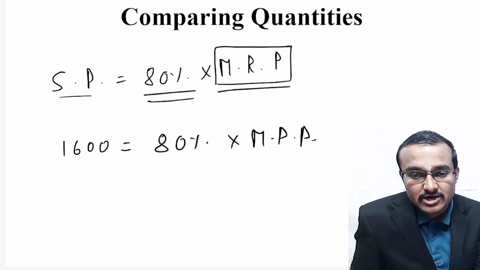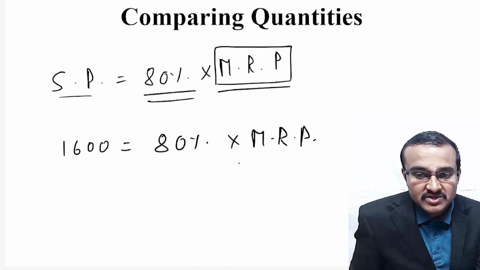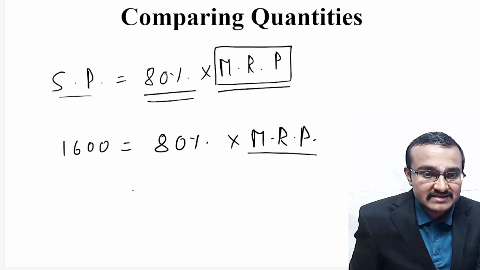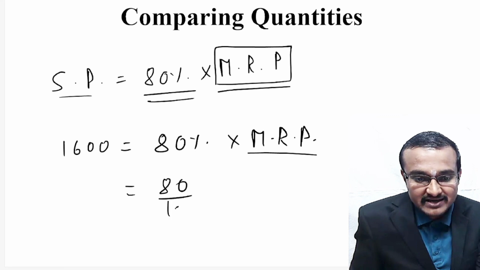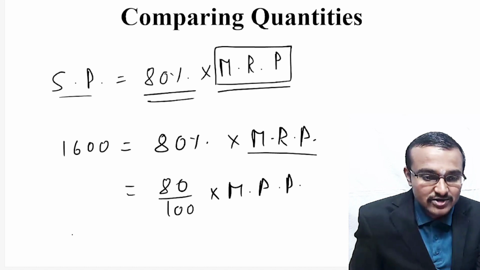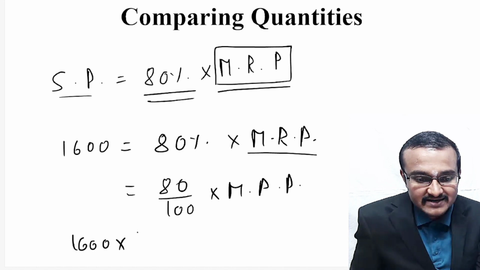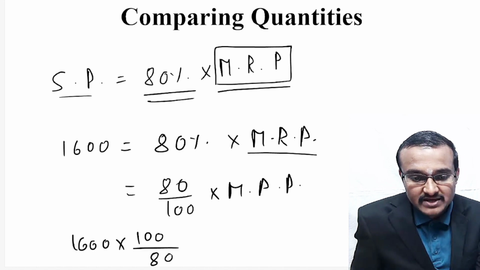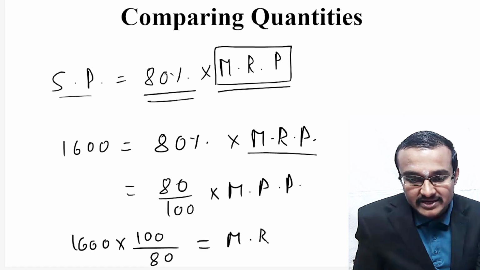Now you should find out what is MRP. Let MRP be on the RHS. This 80% you can write as 80 by 100 into MRP. This 80 by 100 you can take to LHS. It will become 1600 into 100 by 80 is equal to MRP.